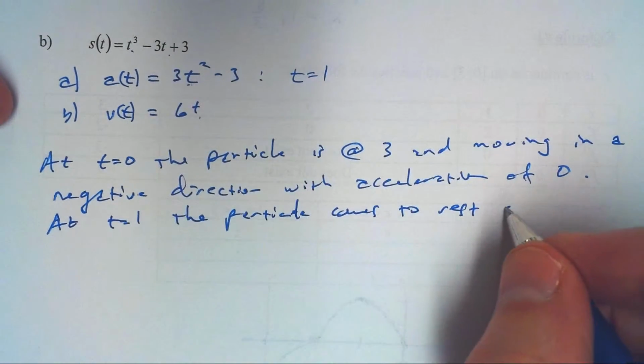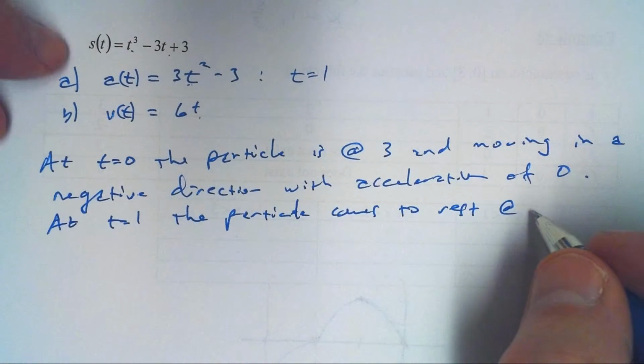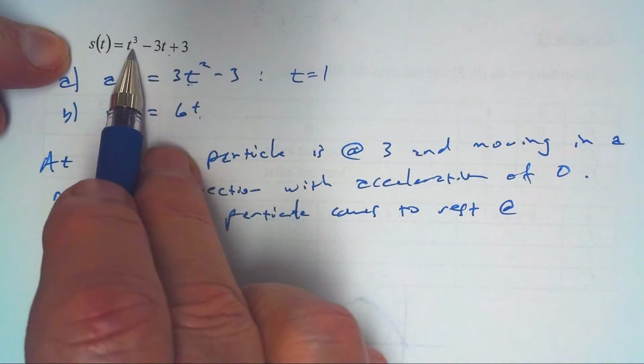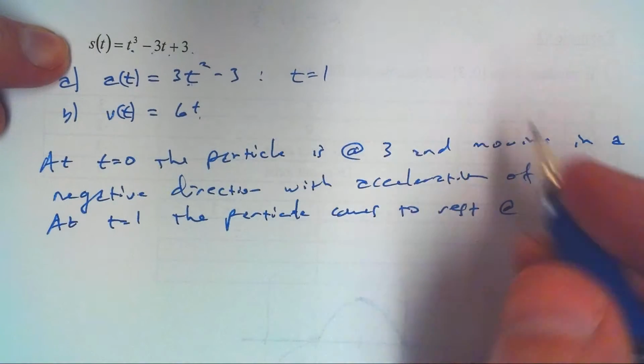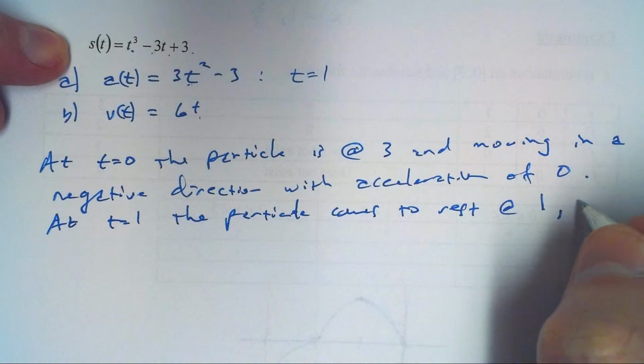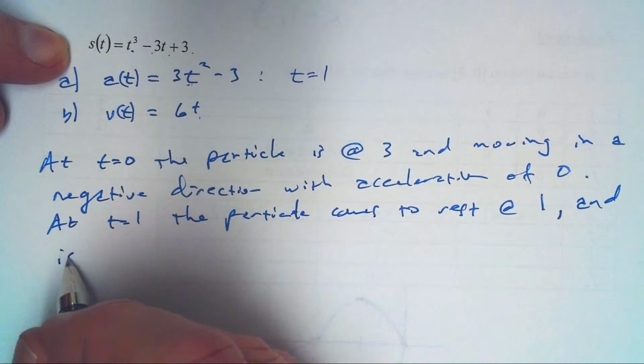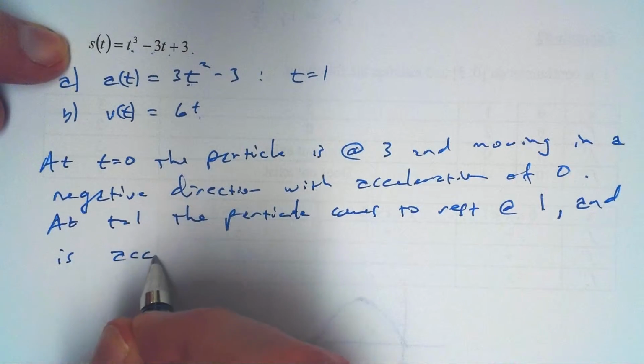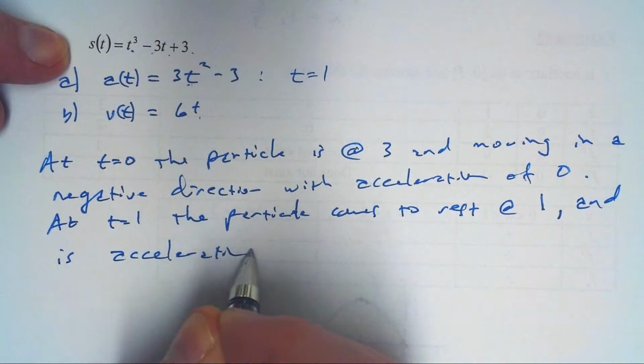Acceleration is 0. When t equals 1, I get 1 plus 3, 4, minus 1, minus 3 at 1, and is accelerating.